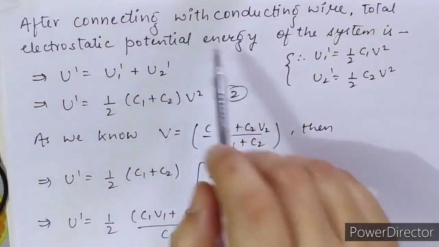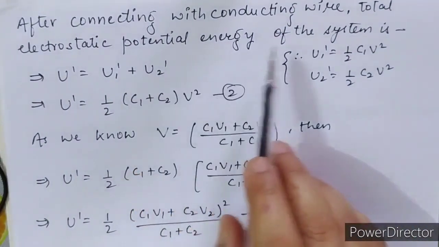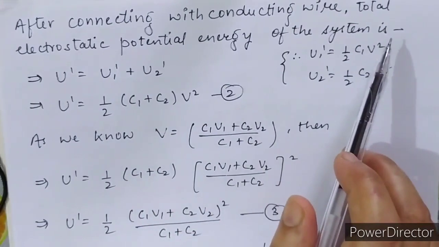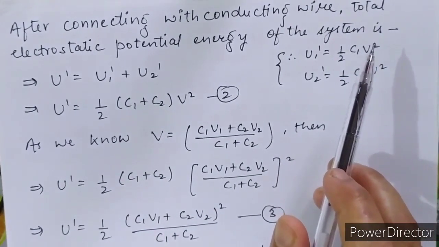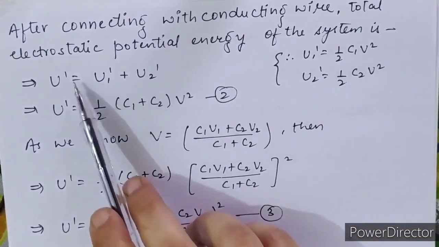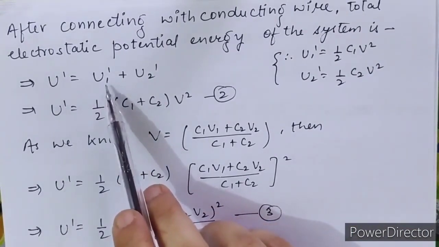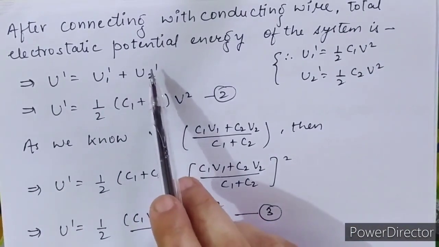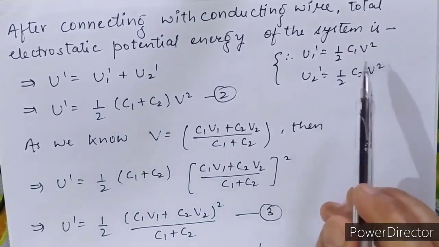Now, after connecting with the conducting wire, both isolated spherical conductors acquire the same potential. So the total electrostatic potential energy is U dash, U1 dash plus U2 dash. Formula of U is half CV square.